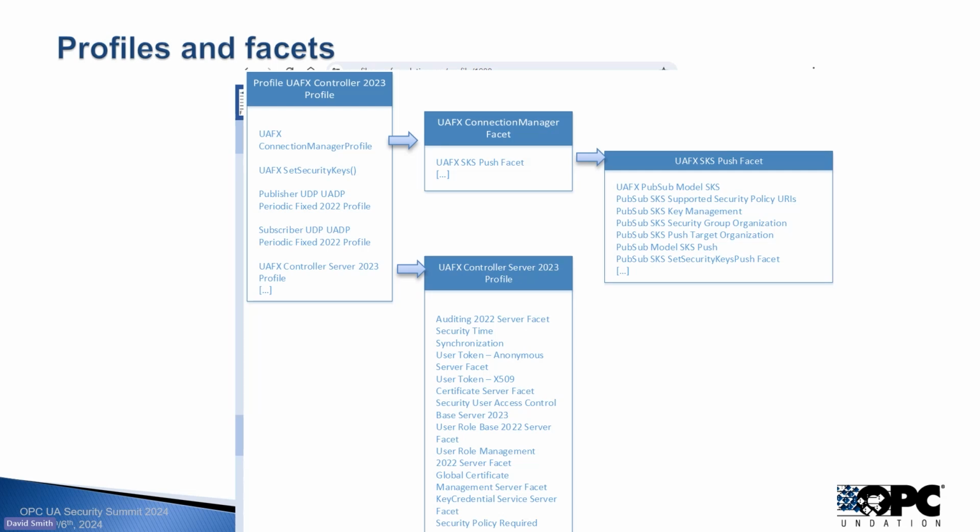The UAFX controller profile includes the connection manager profile, which includes things like the SKS push facet, which supports all the security key management. And then the UAFX controller server profile includes a lot of other functionality related to security. So auditing, time synchronization, user tokens for authentication and session establishment, and a number of other security mechanisms.